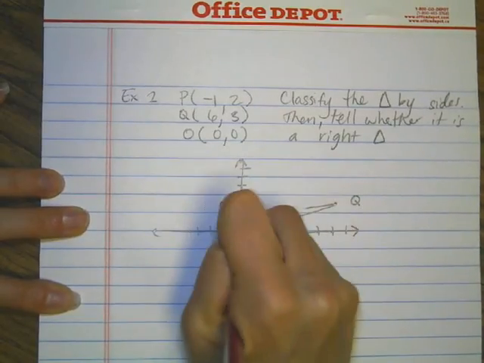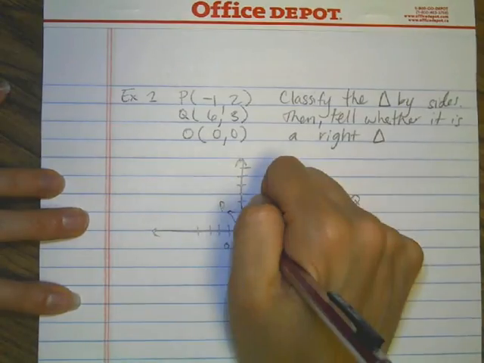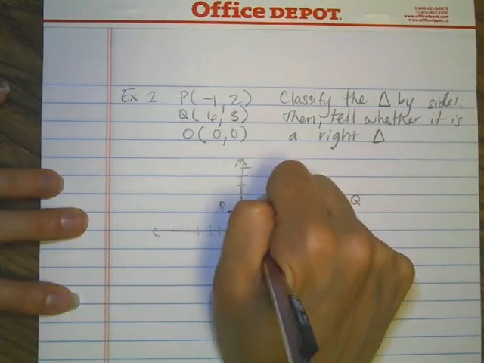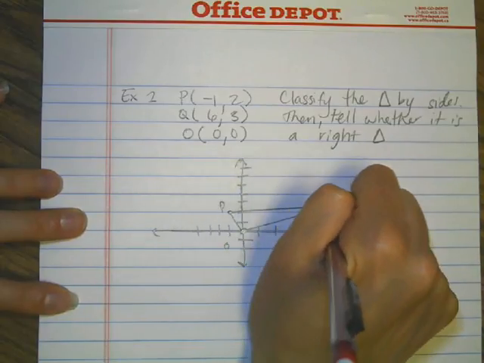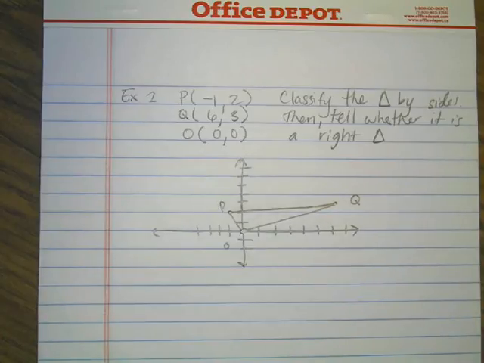And now I'm going to do the distance between Q and O. So that's square root of 0 minus 6 squared plus 0 minus 3 squared, which gives me negative 6 squared plus negative 3 squared, which is square root of 36 plus 9.